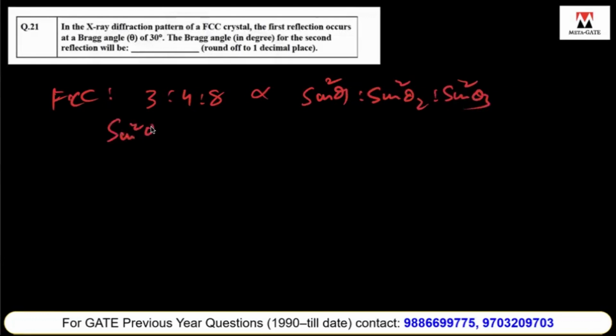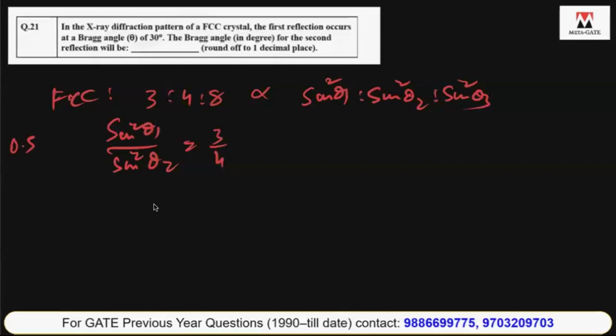So sine square theta 1 by sine square theta 2 is equal to 3 by 4. This is the ratio between the first angle and the second angle. First angle is 30 degrees, so sine 30 is 1 by 2, 0.5.